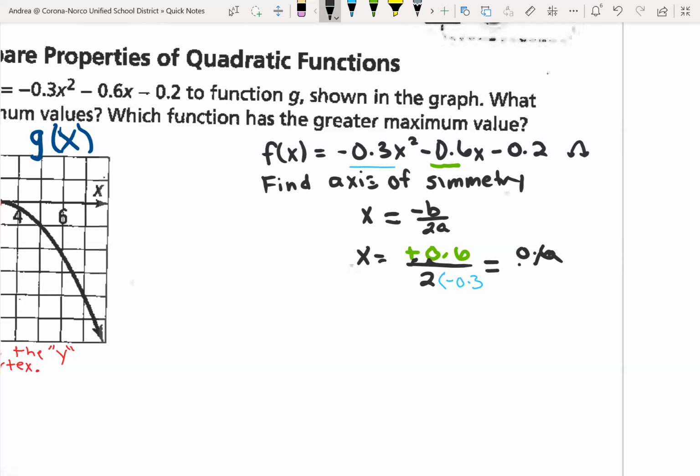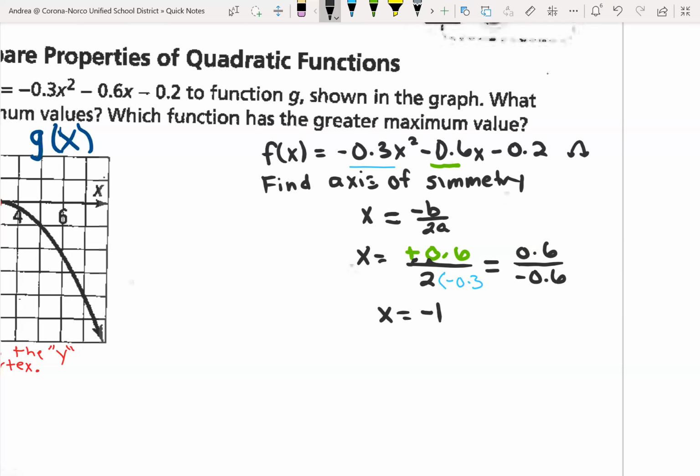Ooh, that was interesting. 2 times that is negative 0.6. And then 0.6 divided by negative 0.6 is negative 1.